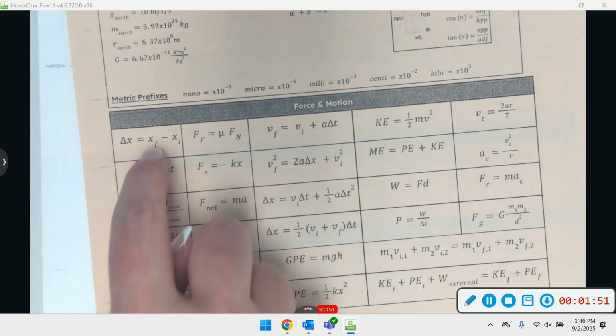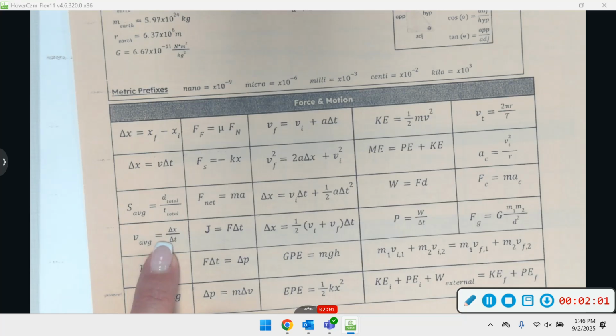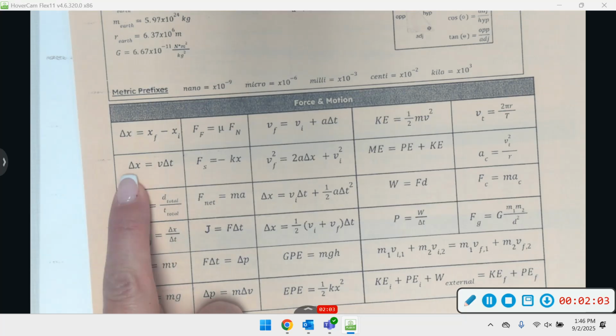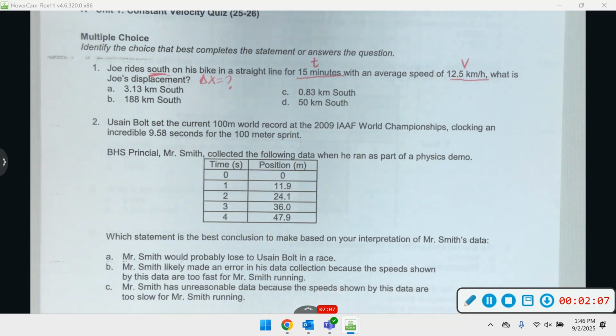These first 1, 2, 3, 4, 5 are the ones from this unit. What we're looking at in this problem is going to be this one right here. Your average velocity is your displacement over your time, or it's this equation too. Delta x equals velocity times time. They're rearranged, but it's the same thing.